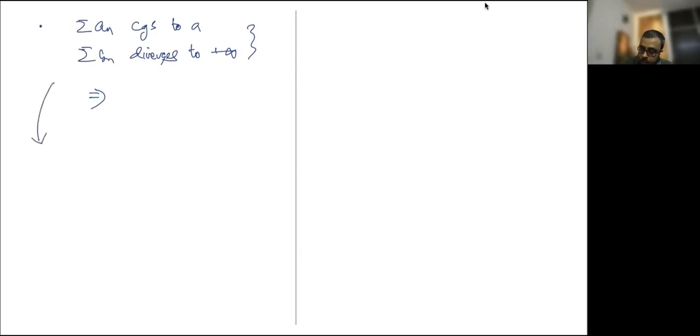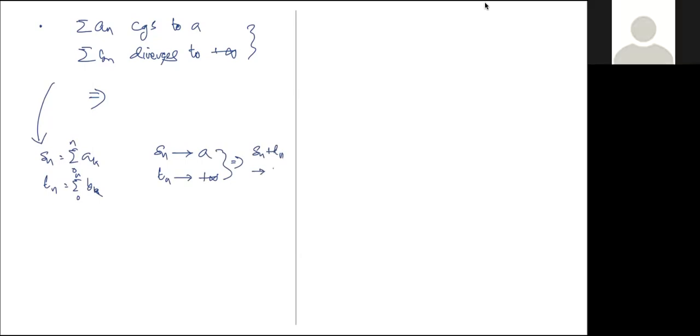So basically you are dealing with, if you look at the partial sums, let's say S_n is the partial sums of the first series, T_n's are the partial sums of the second series. Then what you are given is S_n goes to A and T_n goes to plus infinity. So again, it reduces to a statement about sequences. And in such a case, S_n plus T_n goes to A plus plus infinity, and that is plus infinity, if you recall.